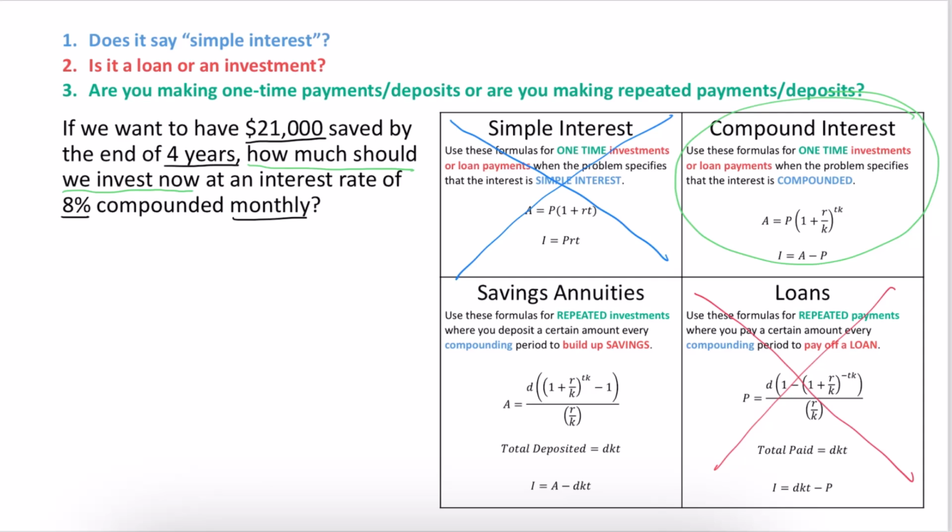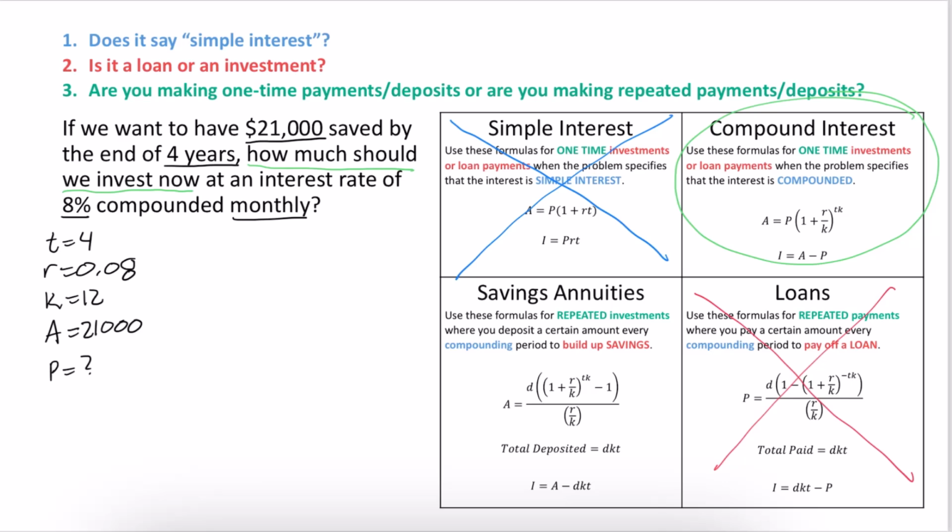I could identify my variables and say, okay, T equals 4 years. My interest rate is 0.08 and it's compounded monthly, so K equals 12. The 21,000 is the amount I want to have saved by the end of 4 years, so A equals 21,000. And the amount that I'm looking for is how much I should invest now, which is my beginning amount. So P is the thing that I'm looking for.